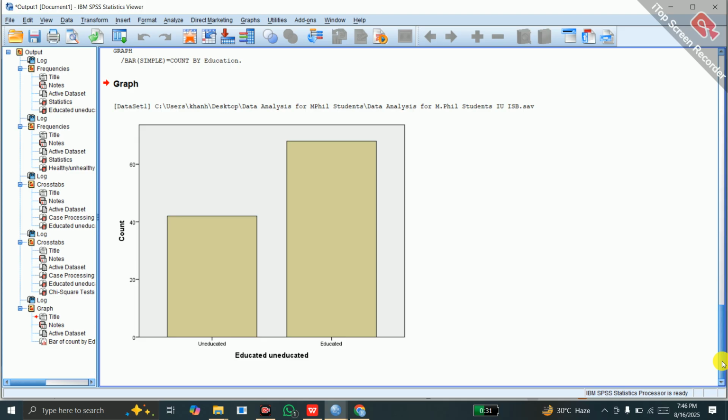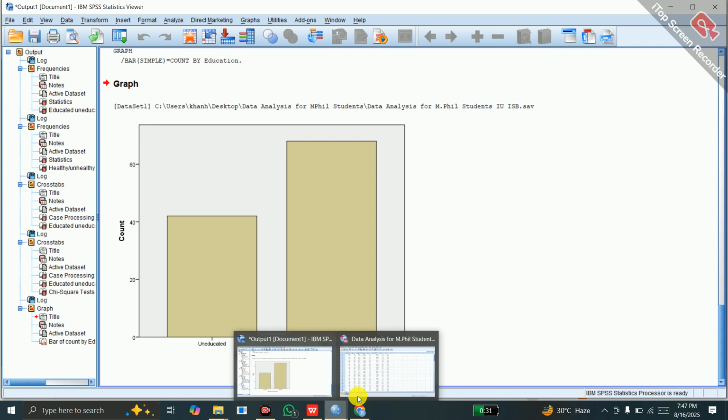So the number of uneducated out of 110 is equal to 45. So this is 45, and this is the number of educated among all. So 68 of them are educated.